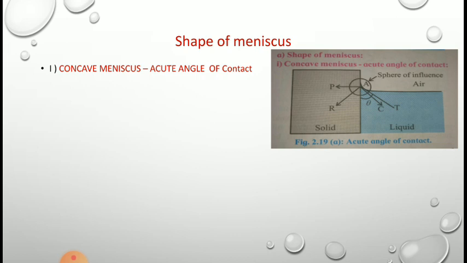For the resultant force, vector AR, to be normal to the tangent, the liquid near the wall should pile up against the solid boundary, so that the tangent AT to the liquid surface, shown in this diagram, is perpendicular to AR.